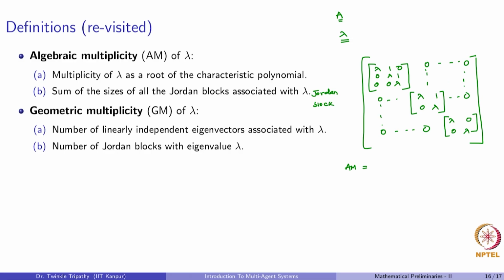The first Jordan block that is associated has a size 3. The second one has a size 2, so this is 3 cross 3, this is 2 cross 2, and here this is, it can be written as this. In that case, the algebraic multiplicity is simply equal to 3 plus 2 plus 1 plus 1, meaning 7.